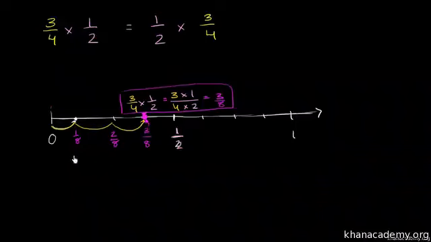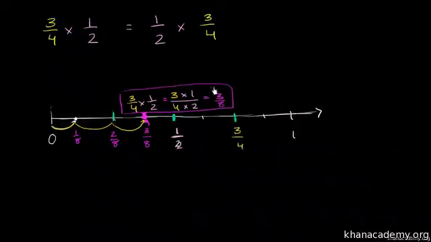But what if we thought about it the other way around? What if we thought about it as 1/2 of the way to 3/4? So we could divide the space between 0 and 1 into 4ths. So that is 1/4, 2/4, 3/4. So this right over here is the number 3/4.